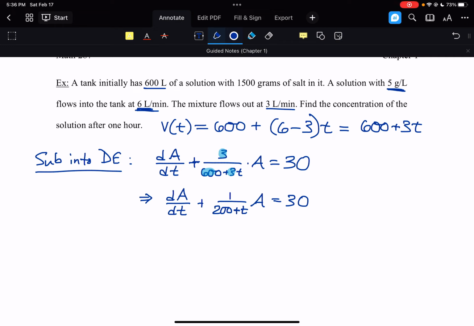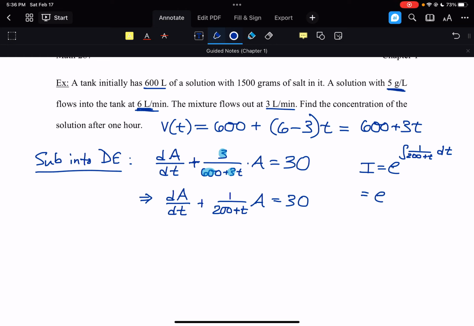So we're going to need that integrating factor, I. I is going to be e to the integral of p, which is this coefficient right here, 1 over 200 plus t, dt.